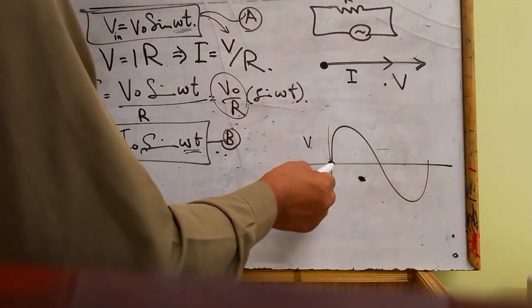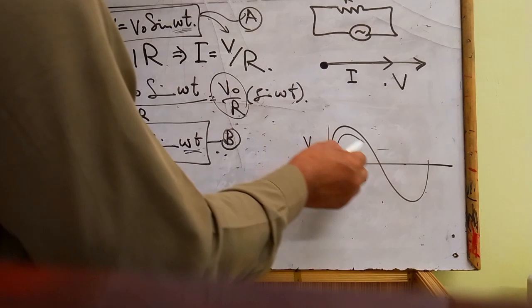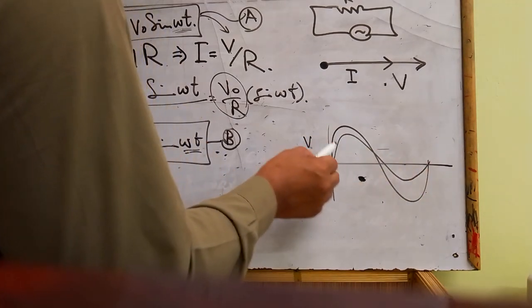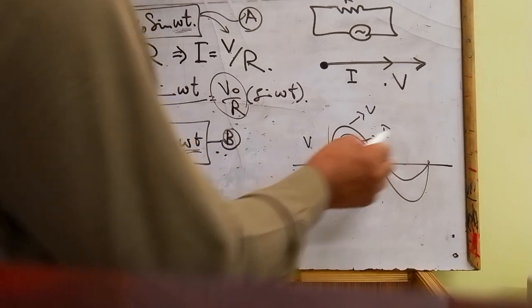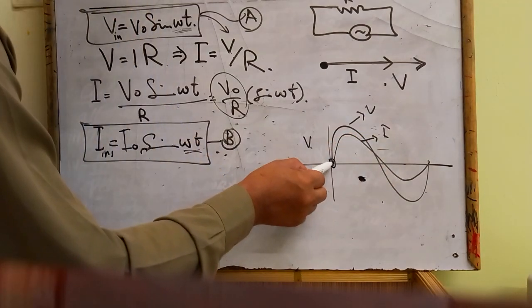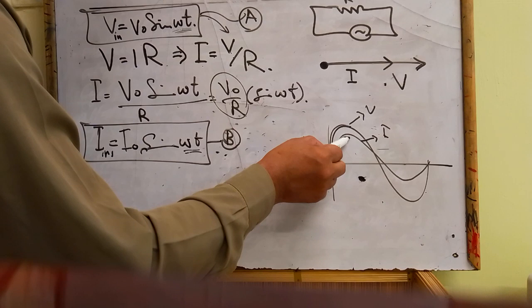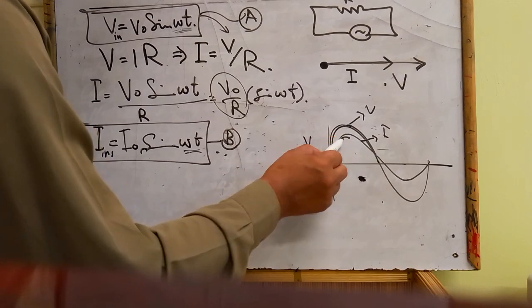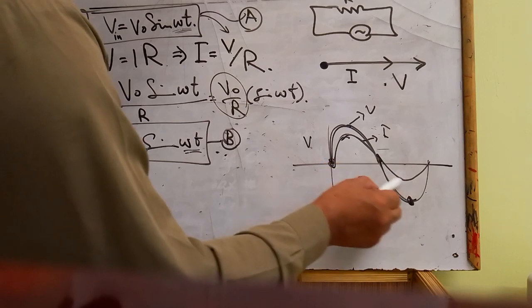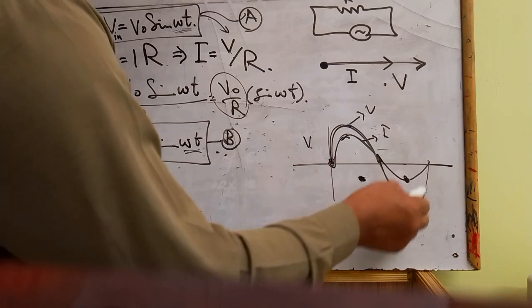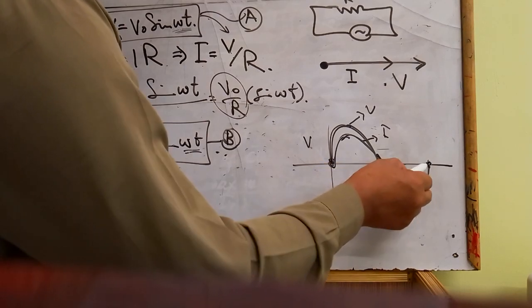So we must have a graph for the current like this. So this is for V and this is for I. Zero voltage, zero current. Maximum voltage, maximum current. Again zero voltage, zero current. Maximum voltage reversed, maximum current reversed.